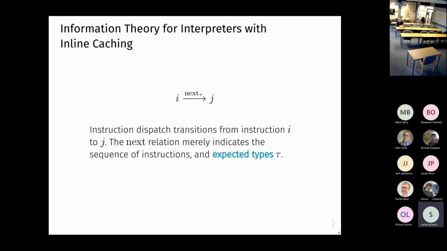And if you think about inline caching here, it not only tells us how we get from instruction I to instruction J, but it also tells us something about the expected types. This is why there's this Greek tau letter here. In the example that I showed before, I go from load fast to long add instead of binary add. So this encodes in this next relation, in this one jump that the interpreter necessarily needs to make, the additional information about the expected types.